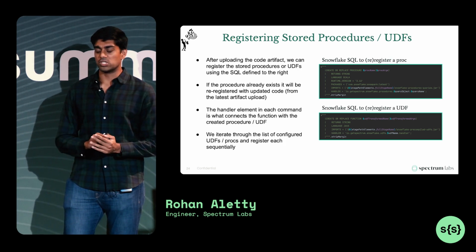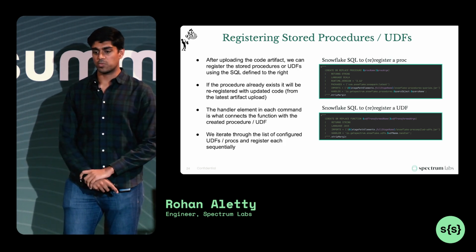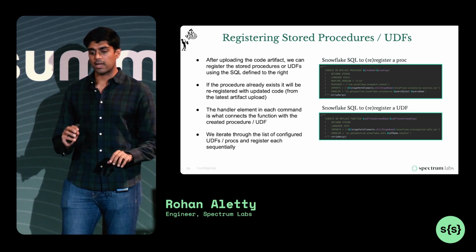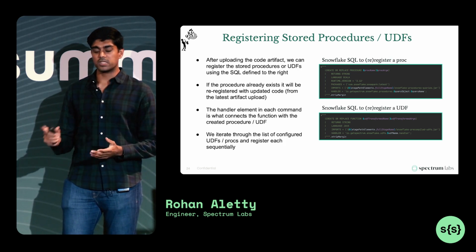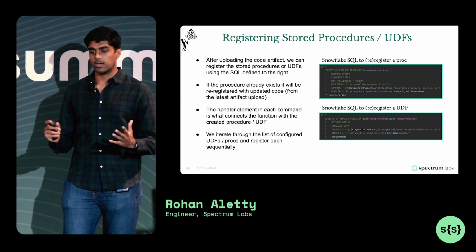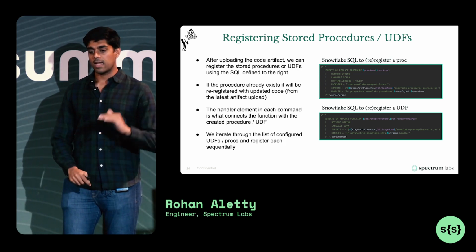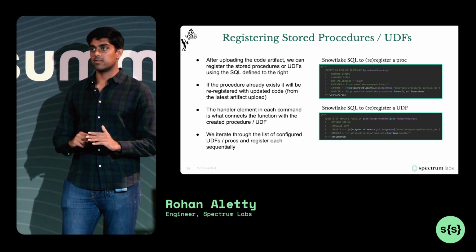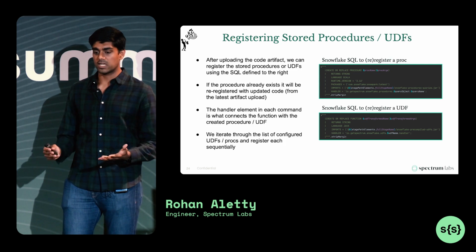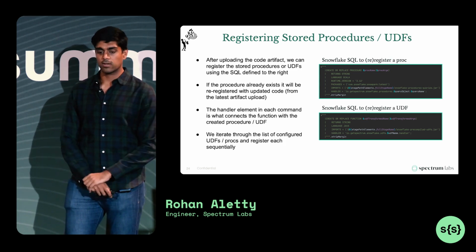So what we do is we just use config management to do that. Every time you add a procedure or add a UDF, you'll update this config file with a list of arguments as well as their argument types and what the procedure name is. And it'll look through this config and see, if this procedure already exists within Snowflake, I'll update it. If it doesn't exist, then I'll create it.